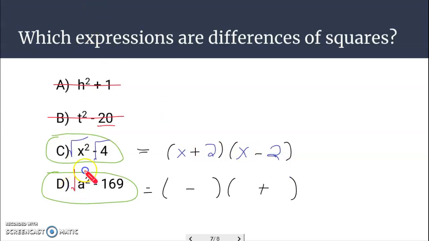Down here, the square root of a squared is a. And the square root of 169 is 13. So there's a little practice with that. Now, if we were to multiply these out and use the FOIL method, it would equal the original problem. So you could try that on your own to see if it works. But these are the factored forms, even though the problem didn't ask for it. We were just asked to identify C and D.